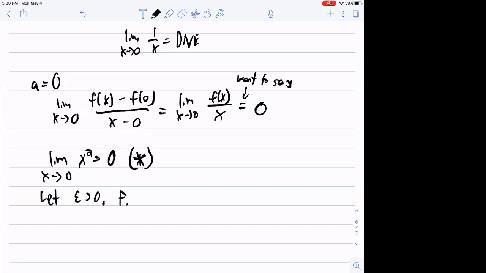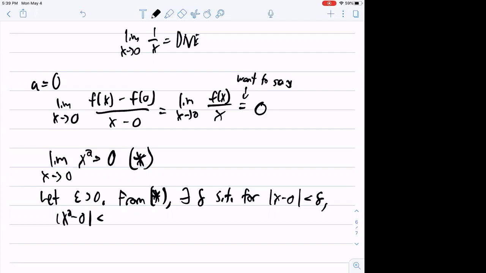So from star, there exists delta such that for |x - 0| less than delta, x squared is less than epsilon, right?